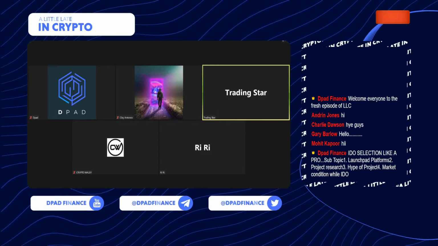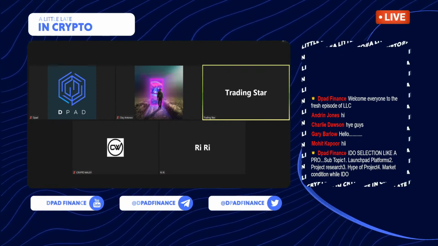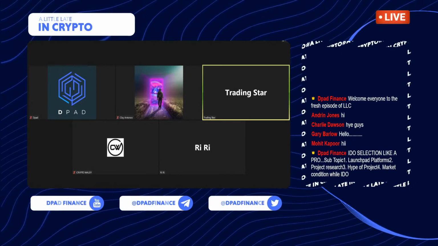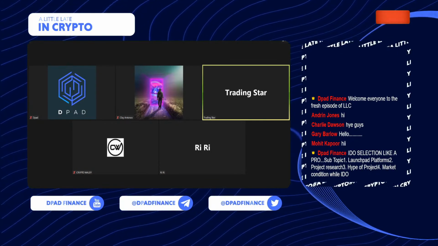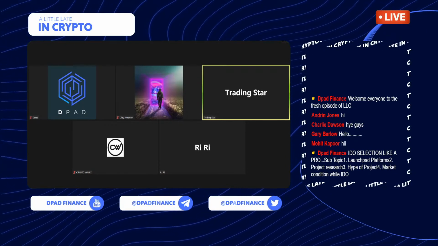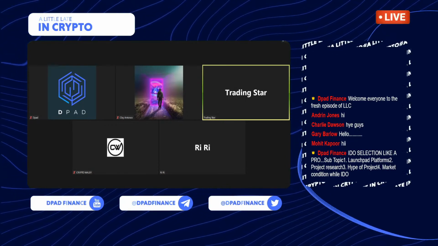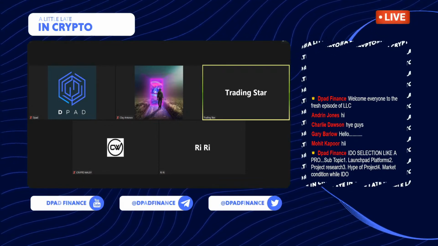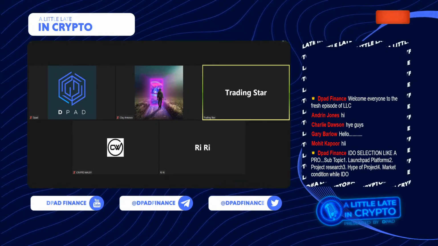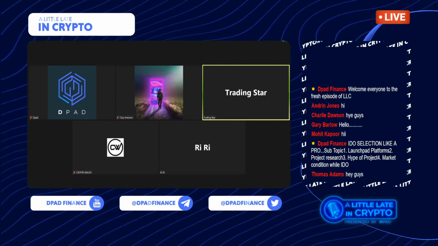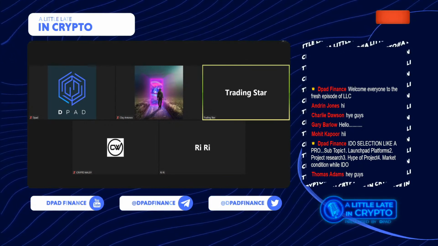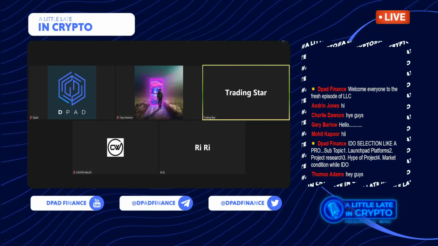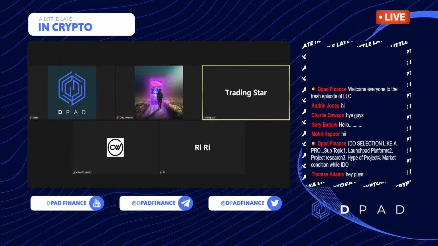You will get almost 5 times less allocation in a Launchpad where the token is valued at $100 million market cap, compared to the Launchpad having a valuation of say 20 million market cap. So you got the idea that depending on the market cap, allocation of the IDO project differs across various launchpads.